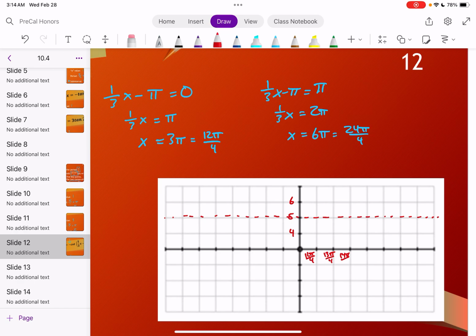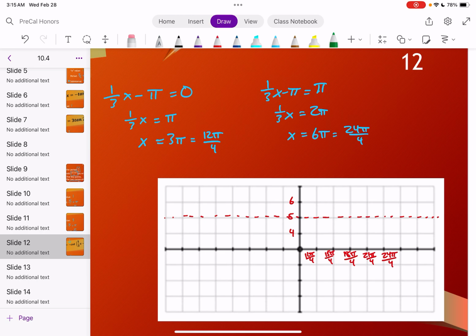But notice, as we start coming closer and closer to the right-hand side, we're going to run out of space before we get to that point. One of the easiest ways would be to go ahead and do increments of 3. So if we start off with 12 pi, we can go from 12 pi to 15 pi over 4, 18 pi over 4, 21 pi over 4, and 24 pi over 4.